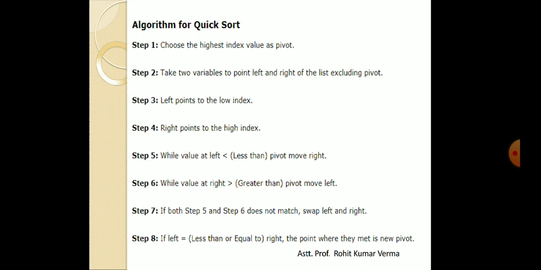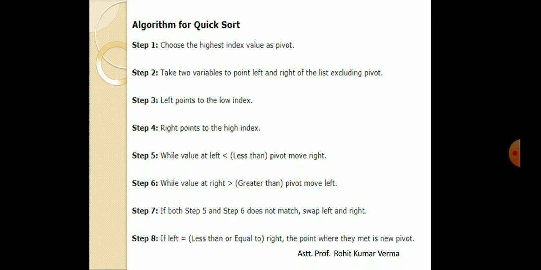If we find a value from the left-hand side that is greater than the pivot element, then we stop our low index. After that we start scanning from the right-hand side and select the element that is lesser than the pivot element.